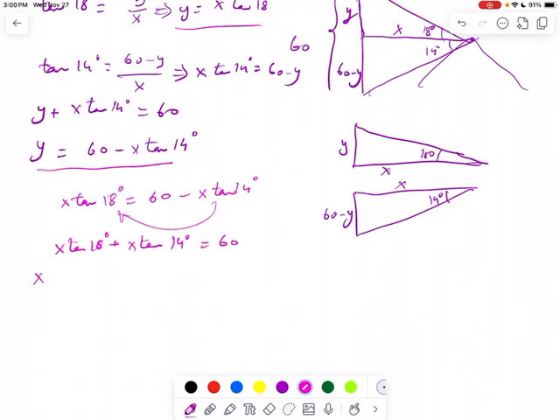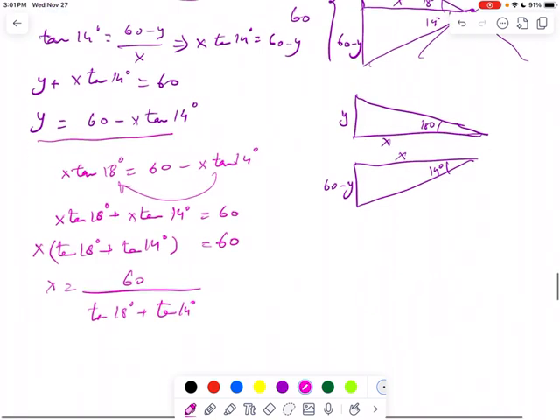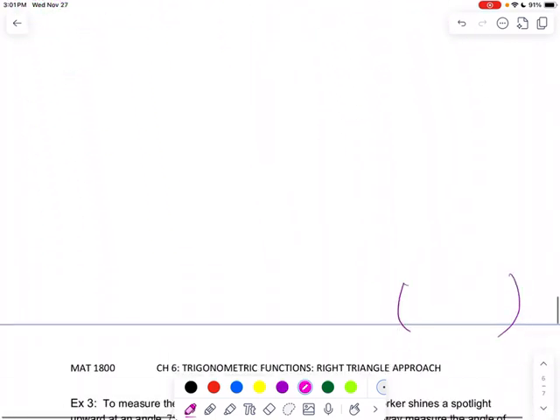Factor out the x, tangent 18 plus tangent 14 is equal to 60. So that x will be equal to 60 divided by tangent of 18 plus tangent of 14. So we got the same answer. So that's how we do these problems.